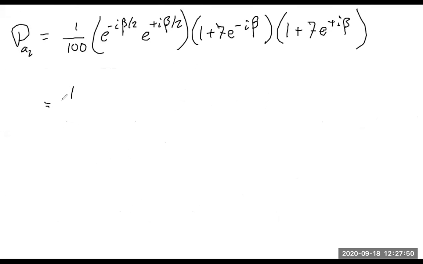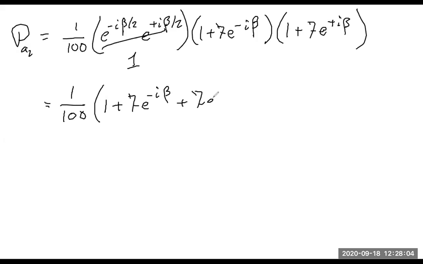So this gives me 1 over 100. This part is just 1, so that goes away. And then I will get 1 plus 7 e to the minus i beta plus 7 e to the plus i beta plus 49 here.